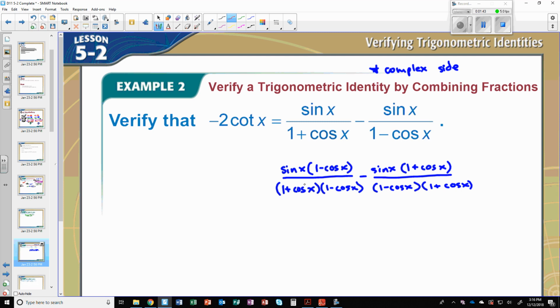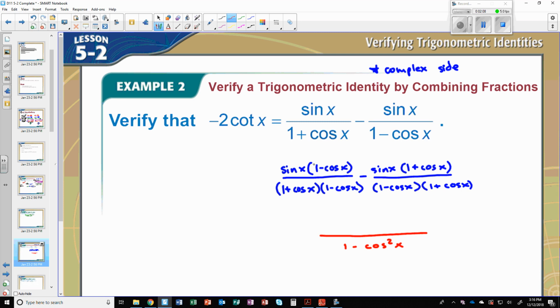You square the first and the second. So when I simplify, I make it one denominator because these are now common. It'll become 1 minus cosine squared x. If you want to know how I get that, 1 times 1 is obviously the 1. Then you'd have a negative cosine and a positive cosine, and they cancel each other out. And then cosine times the negative cosine is negative cosine squared.